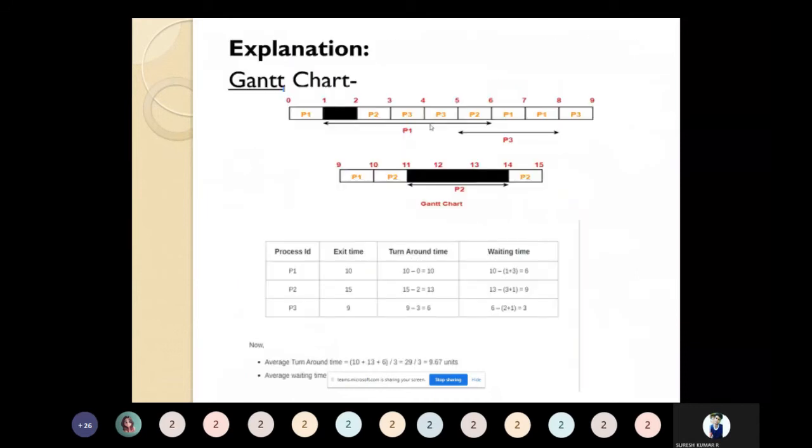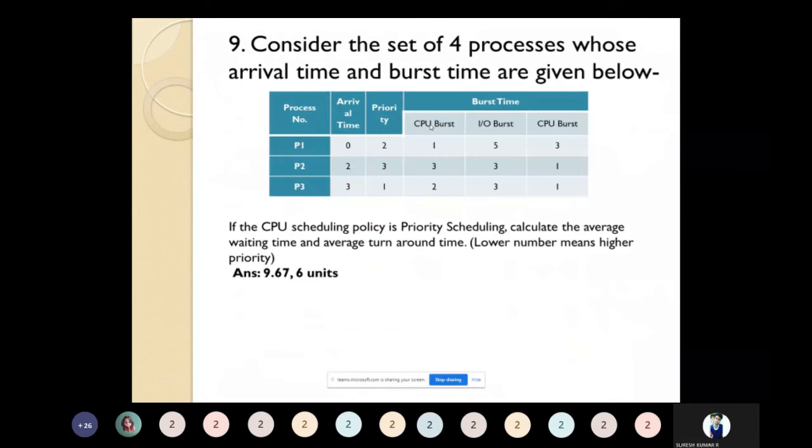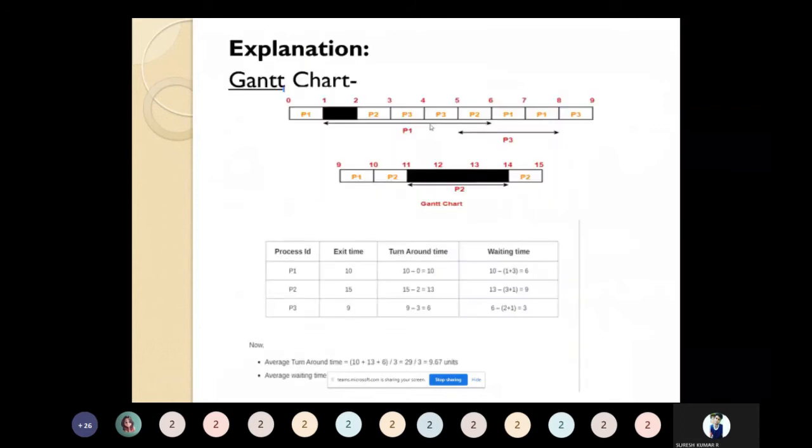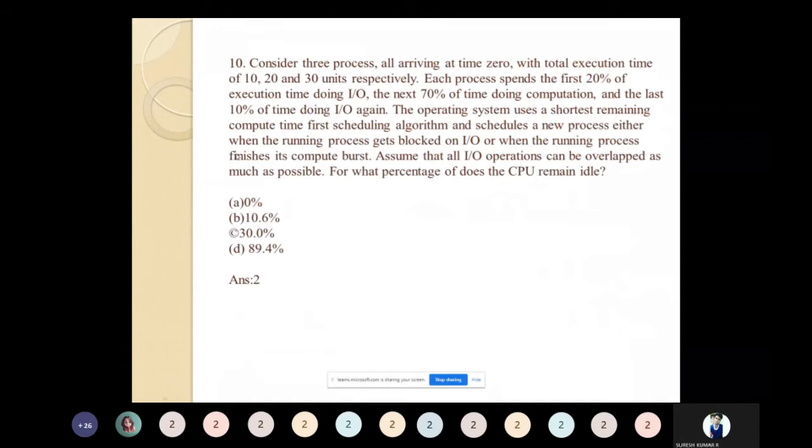Here is another question, which is different from the previous one. Three processes are given with their burst times, and here we have to calculate with shortest remaining time first, that is SRTF.